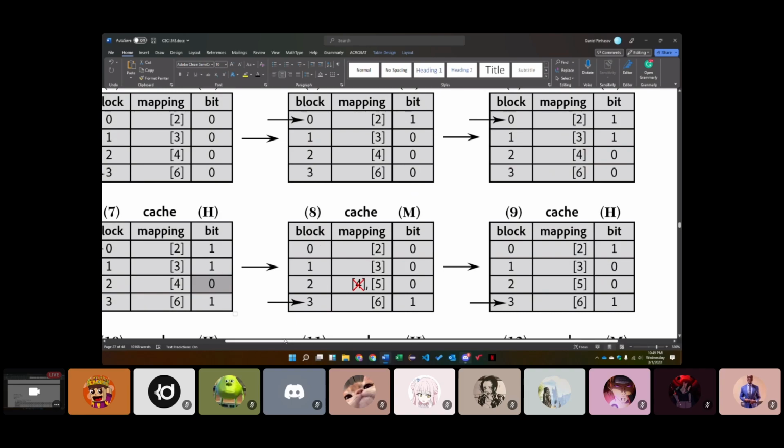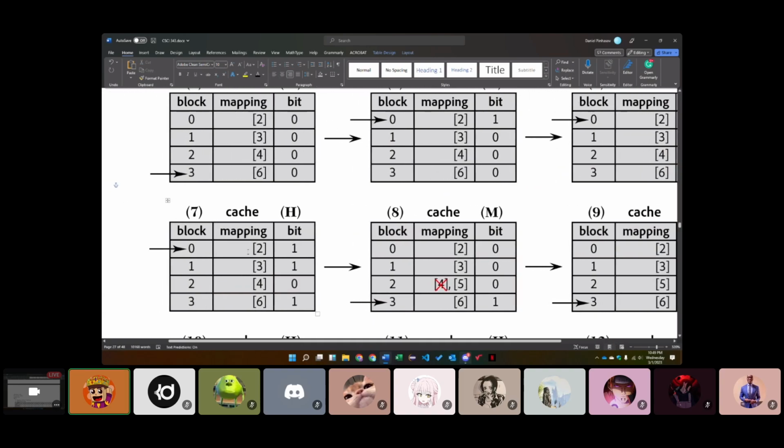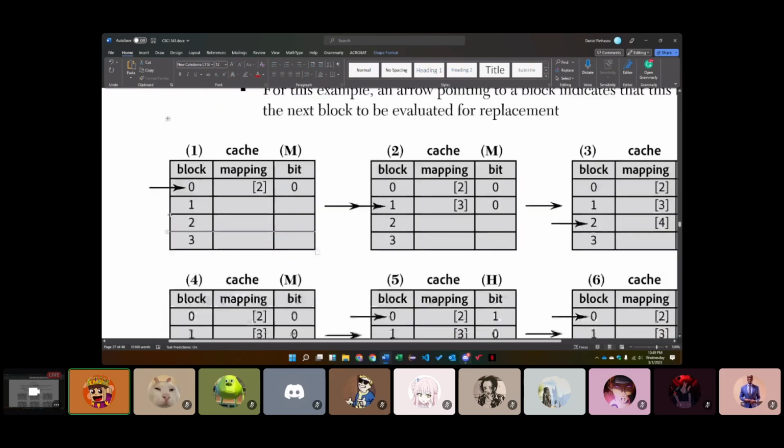5 is a miss. So we look here. The clock hand looks at whatever it's pointing to, and it's like, okay, 2, do you have a second chance bit? Yes, it does. So the second chance bit turns to a 0, and then the clock hand moves to the next location.